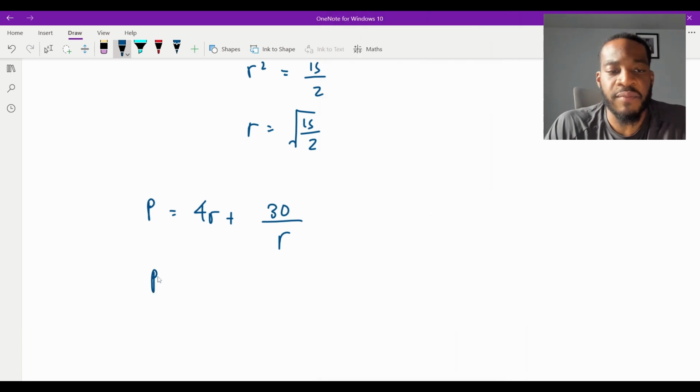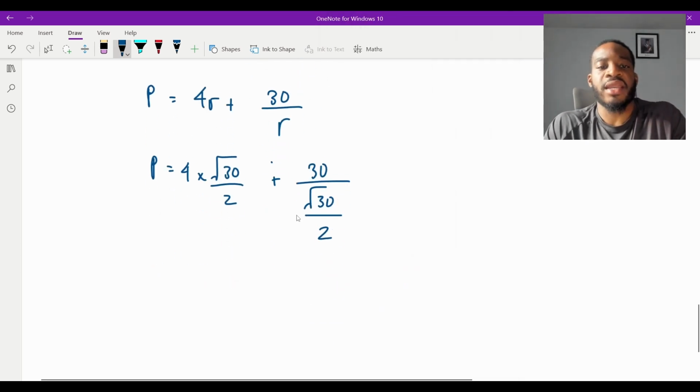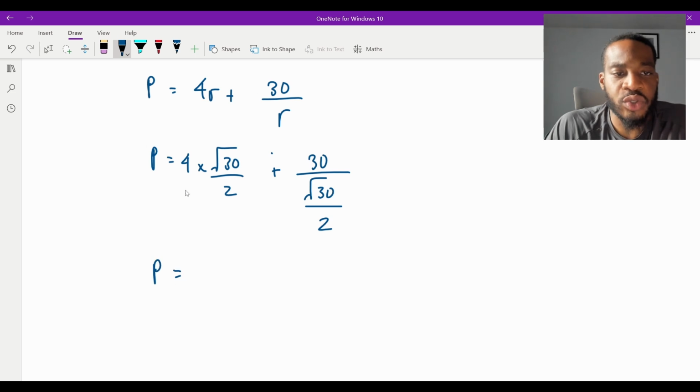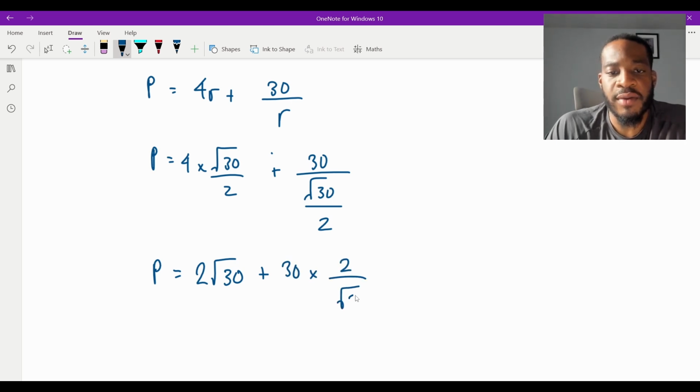So that means we'll have P is equal to 4 times root 30 over 2 plus 30 over root 30 over 2. And let me just double check. Yeah, that's all good. So tidying that up, 4 divided by 2 is 2, so this is 2 root 30 plus, and then this is going to be 30 times, flip that over, 2 over root 30.